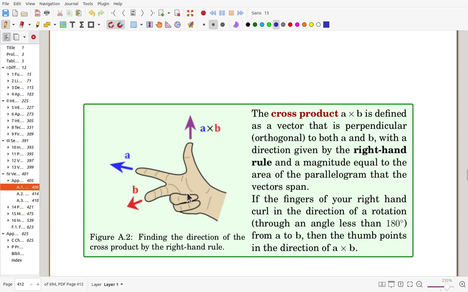In fact, you may think of this as the definition, and you can easily find the direction of the cross product. Of course, the cross product is always orthogonal to A and B, but the orthogonal direction can be up or down. By using the right-hand rule, you can see that the cross product is in the thumb direction. Okay?